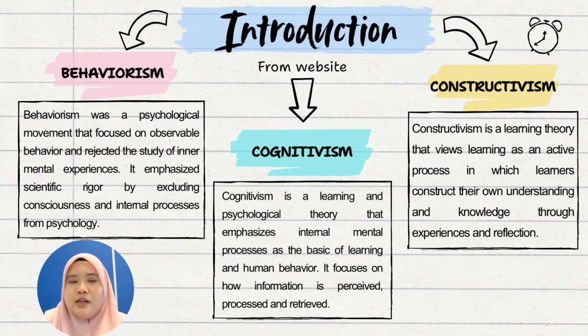Cognitivism is a learning and psychological theory that emphasizes internal mental processes as the basis of learning and human behavior. It focuses on how information is perceived, processed and retrieved. And last, constructivism. Constructivism is a learning theory that views learning as an active process in which learners construct their own understanding and knowledge through experiences and reflection.